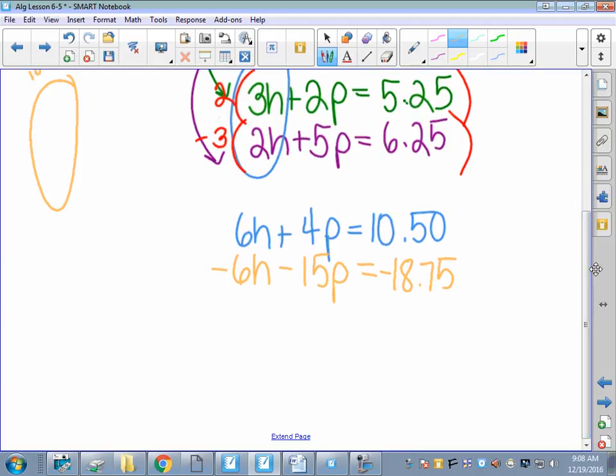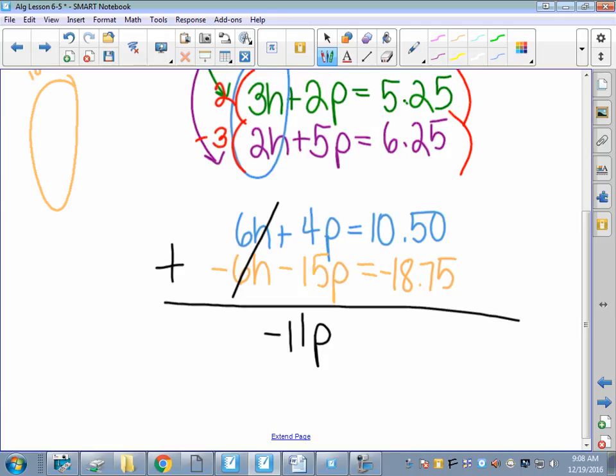Kind of mind-boggling, but once you get to this part, easy peasy, right? What's 6H minus 6H? Big old nothing. 4P minus 15P, negative 11P. And when I do 1050 minus 1875, that's a negative 825.